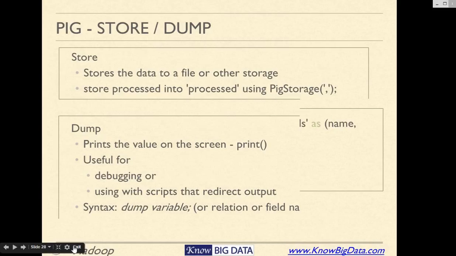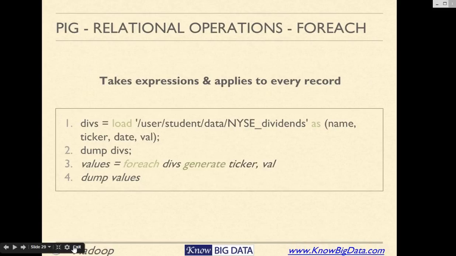You can also specify the Pig storage that you want to use. If you want to store the data in CSV format, you can say using PigStorage comma. So here you say store processed into, where processed is the variable and processed in quotes is the file name. Sorry, we should have used a proper file name.